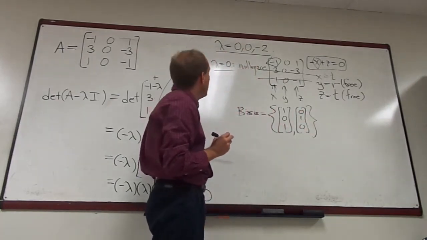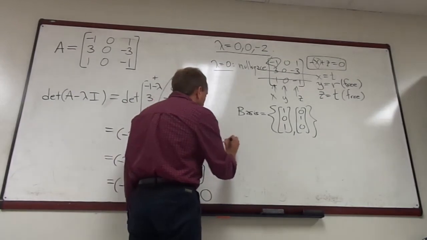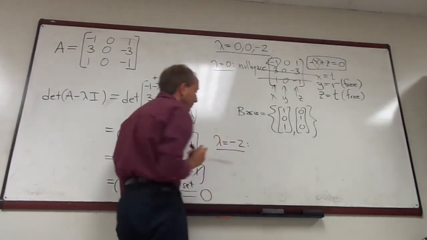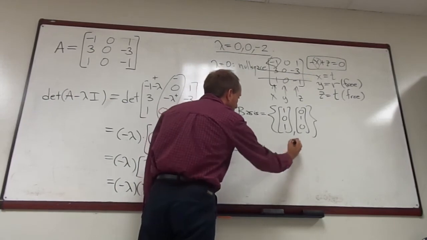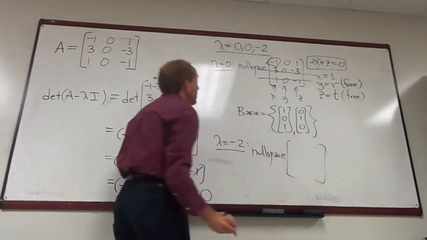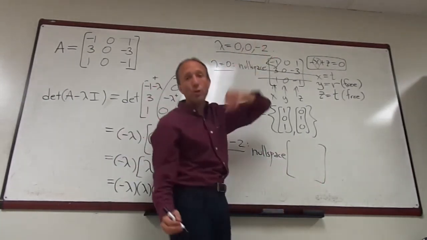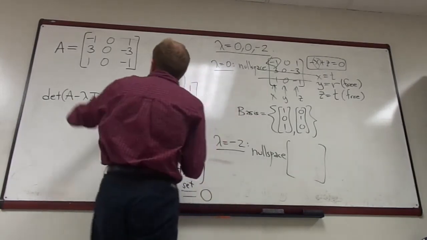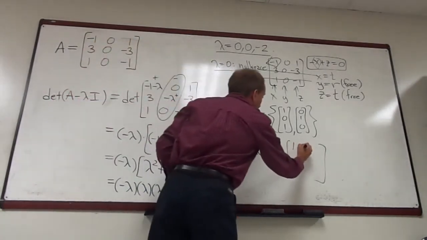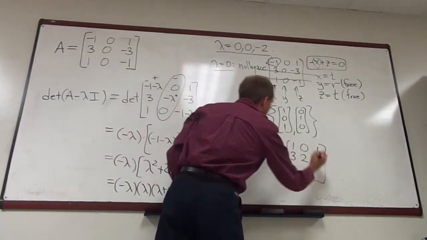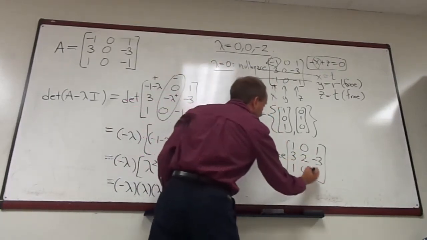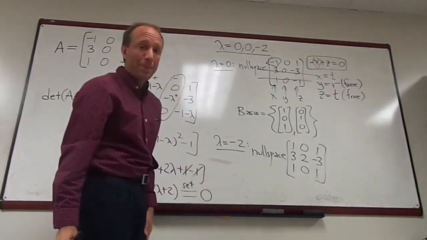Okay? Now the other eigenvalue is negative 2. So for this one, what I have to do is I have to look at the null space of what I get when I subtract negative 2 from the main diagonal. Well, that just means I'm adding 2 to the main diagonal. So if I add 2 to the main diagonal, this is the matrix that I'm going to get. All right?